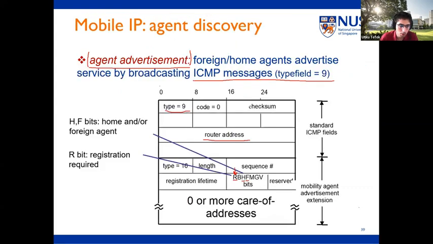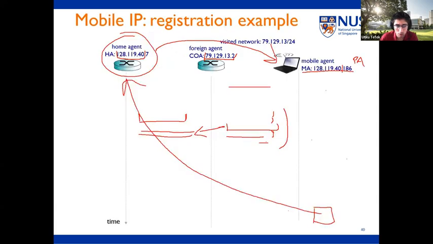In this example, this request is part of the agent discovery protocol. This is the ICMP message, and it's used for agent discovery. In this slide, however, we have already done the agent discovery, and we are doing the care of address registration with the home agent.